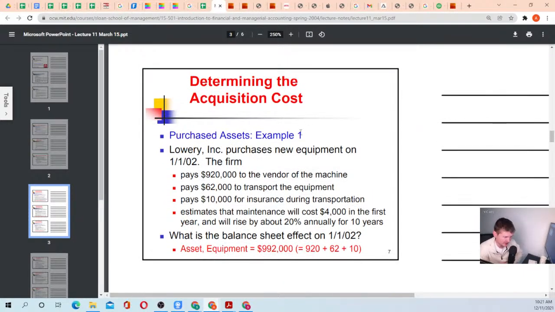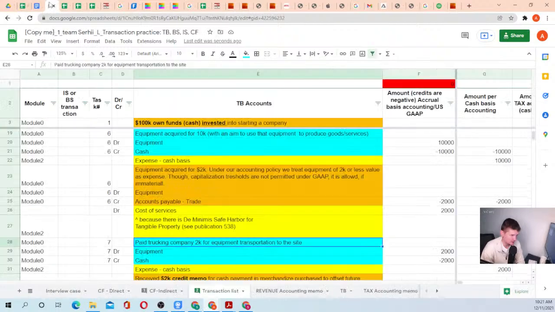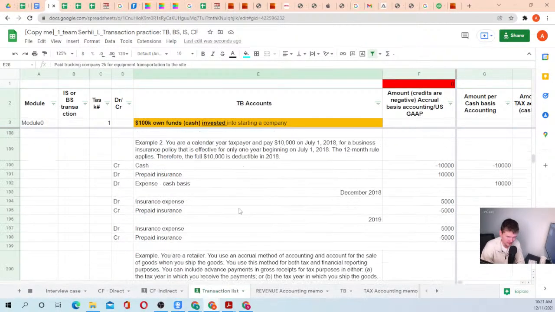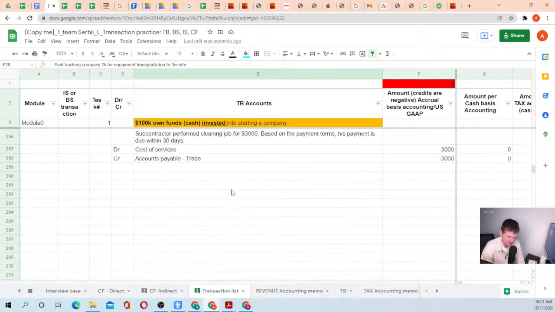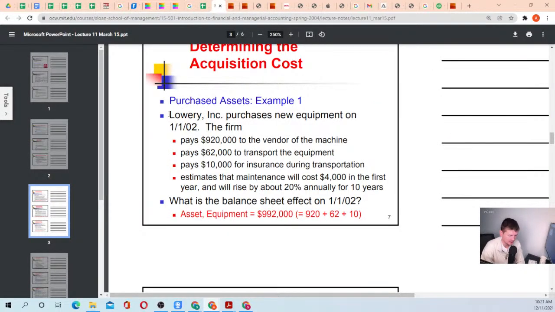Okay, here we have an example. Let's go to our transaction practice. We have quite a few accounting entries done already. Let's copy our example. So we purchased new equipment. We paid 920K to the vendor.